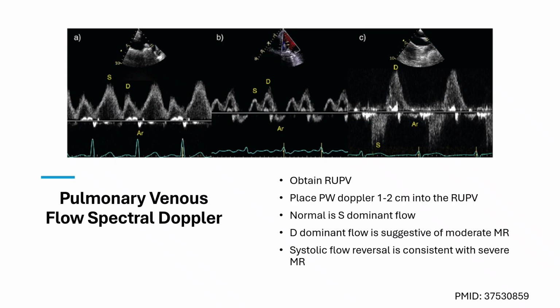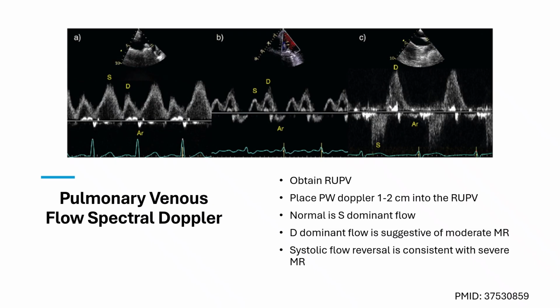Normally, you have S-dominant flow. On the left part of the screen, you see a normal pulmonary venous flow. We have a negative atrial reversal wave, you have S wave, and you have D wave. The atrial reversal wave is negative because during atrial contraction, there are no valves in the pulmonary veins, and the pressure rises in the left atrium, which causes the blood to go backwards.